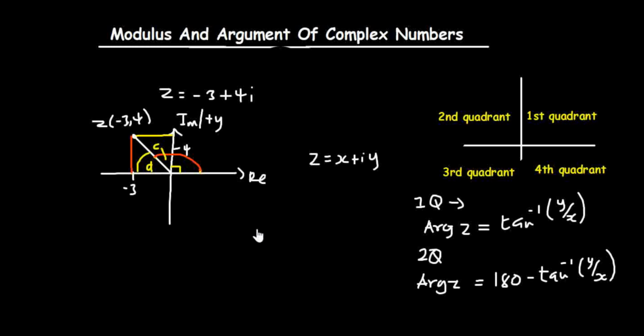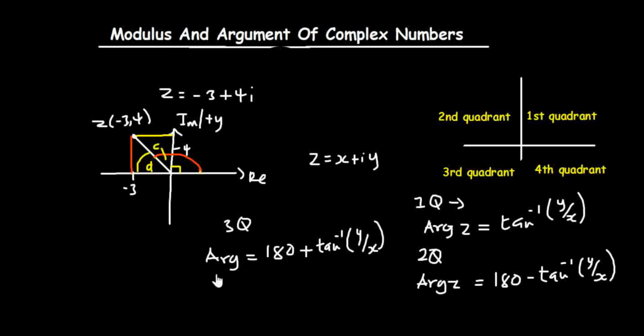If you want to calculate the argument of a complex number in the third quadrant, you're going to use the formula arg z equals 180 plus the tan inverse of y over x.